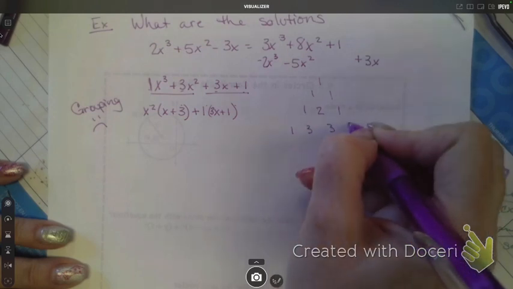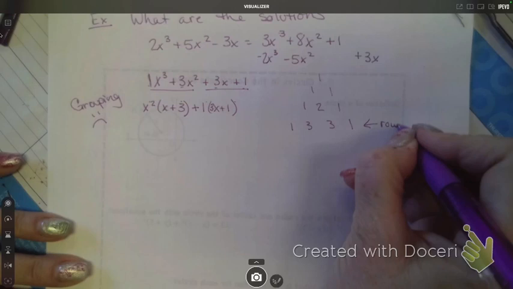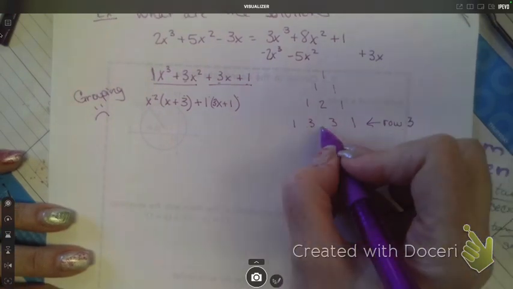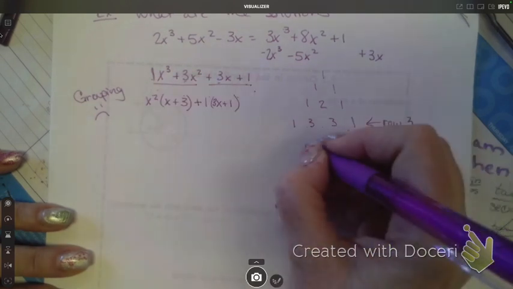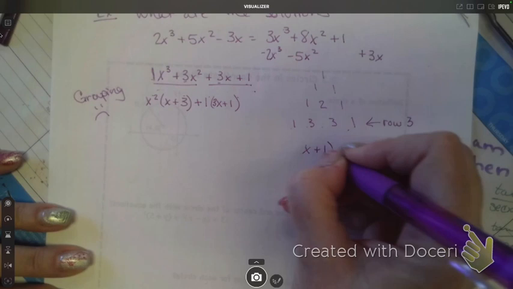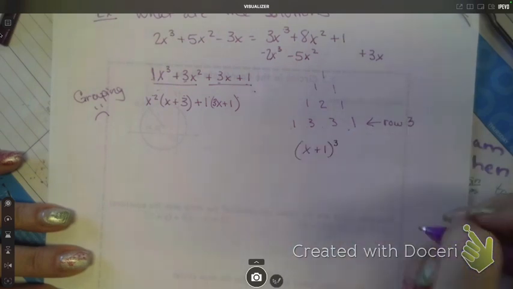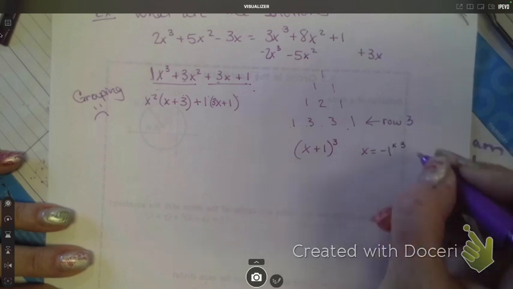This is row 3 of Pascal's triangle, and my coefficients are 1, 3, 3, and 1. They haven't changed, so wouldn't that make this x plus 1 cubed? So x equals negative 1 with a multiplicity of 3.